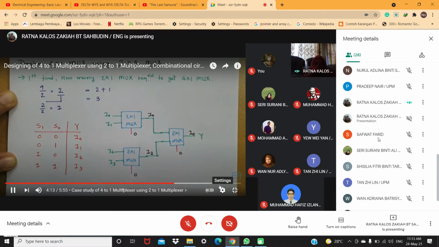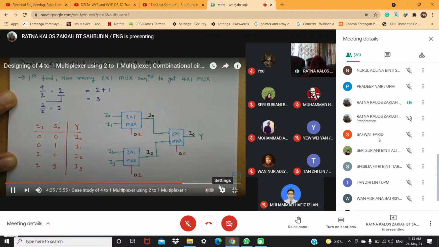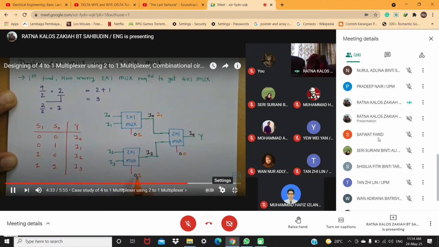Now the second case: let us place 1 over here and 0 over here. As this is 1, I1 will get selected, and as this is 1, I3 will get selected, and as this is 0 over here, the output will be I1.